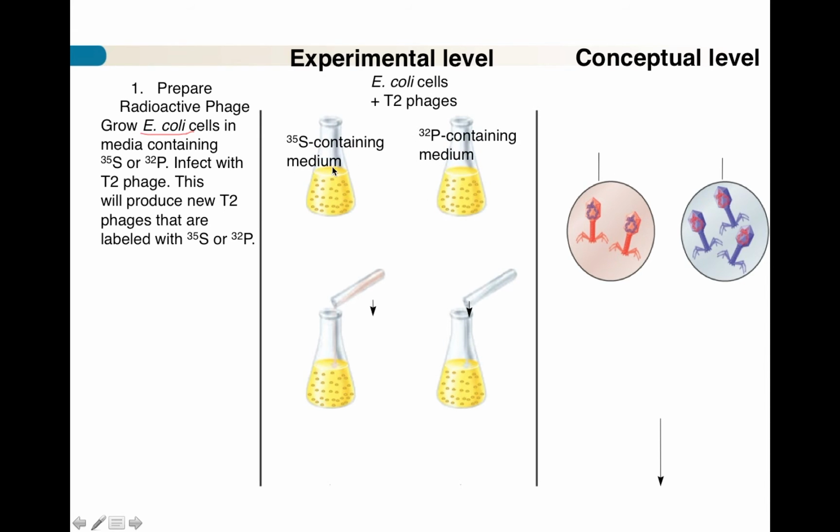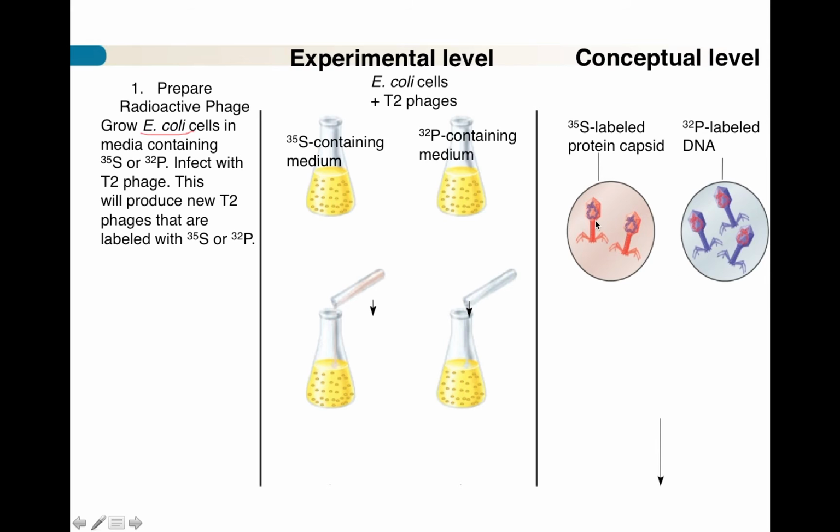You're growing them with some radioactive sulfur or some radioactive P32. And you're going to grow up a whole bunch of radioactive bacteriophage or viruses that contain their S35 either on the protein coat on the outside or the DNA on the inside of the virus particle.